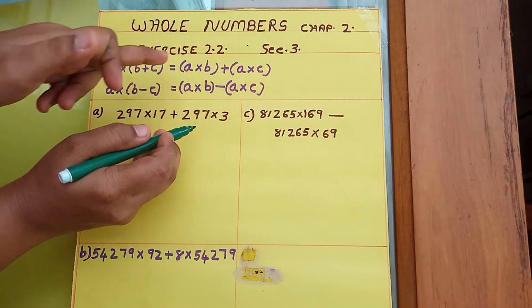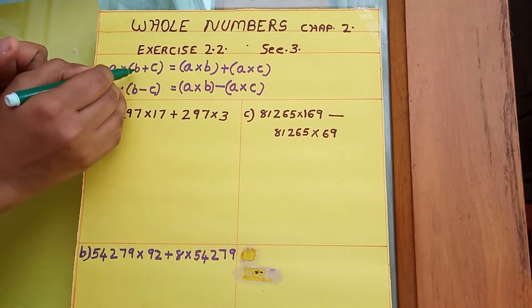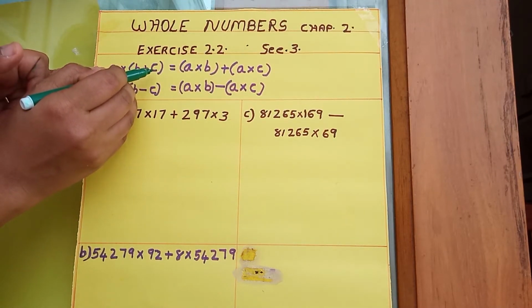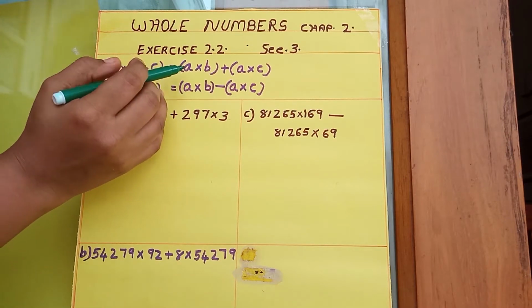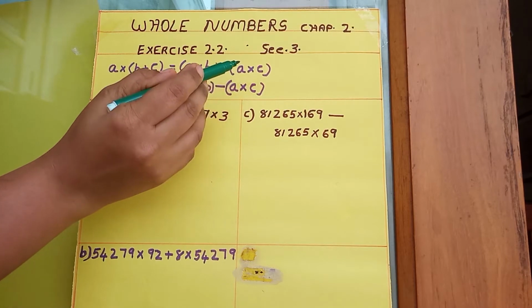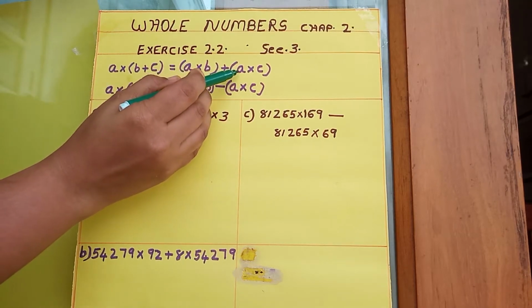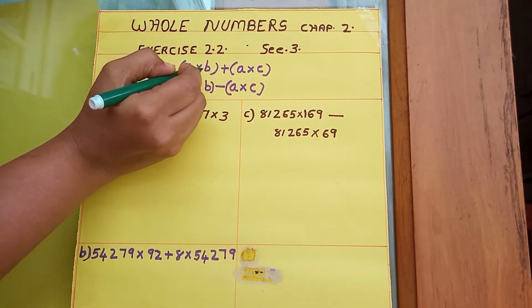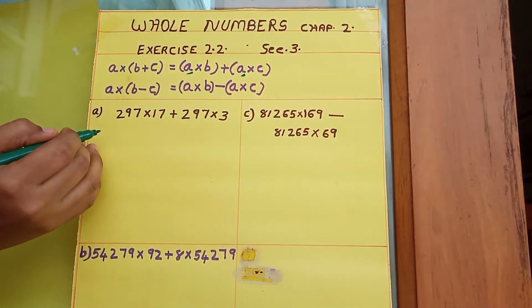Here you can see A, B and C are coming only one time, but here B and C are coming once, while A is coming two times.